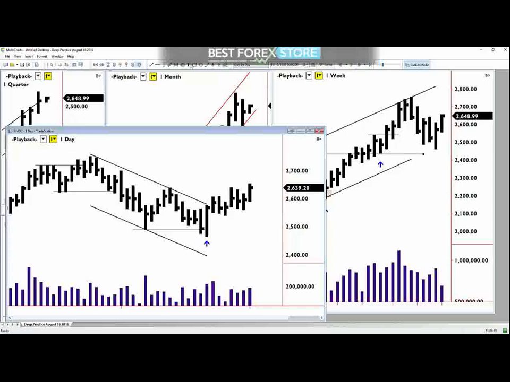So as we look at this, we're having trouble getting over this resistance, but maybe it's absorbing in here, right? And let's see if it'll move up and through this.